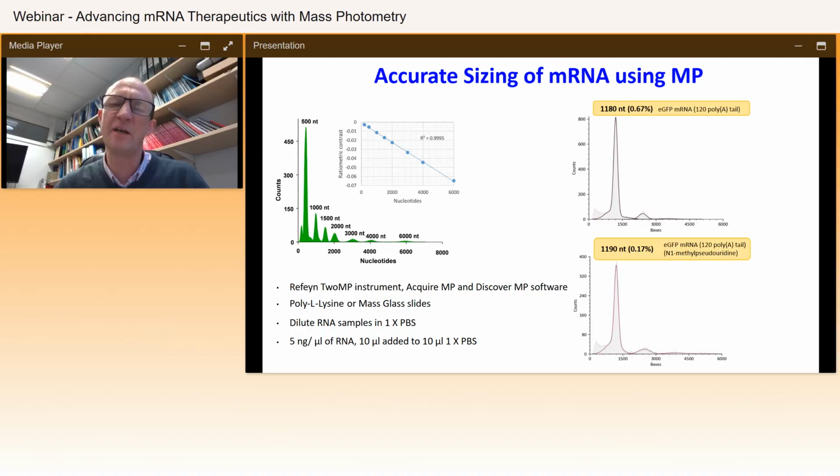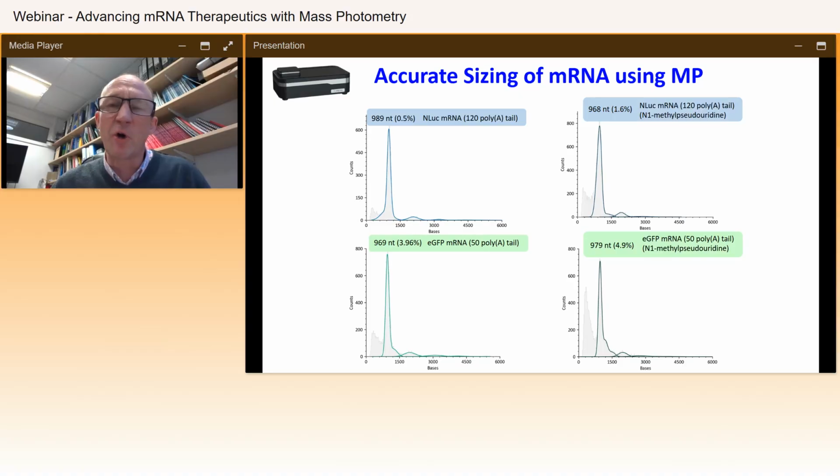And you can see here, post-analysis, we get very good mass error accuracy, in this case both below 1%. Very accurate in sizing our mRNA molecule of interest based on the mass photometry data, showing distinct advantages over traditional techniques such as capillary electrophoresis and ion pair reverse phase chromatography.